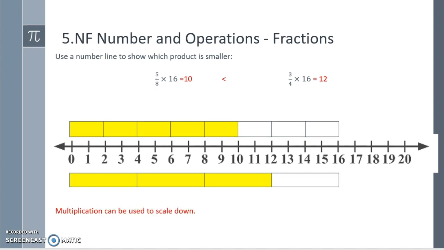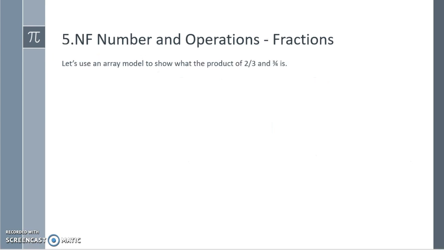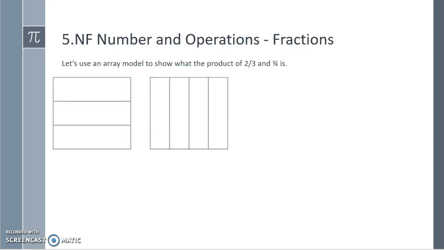Multiplication can be used to scale down. Let's use an array model to show the product of 2/3 and 3/4. So I have my model going vertically and horizontally. I have it broken into thirds and fourths. I want 2 copies of 1/3 and 3 copies of 1/4.